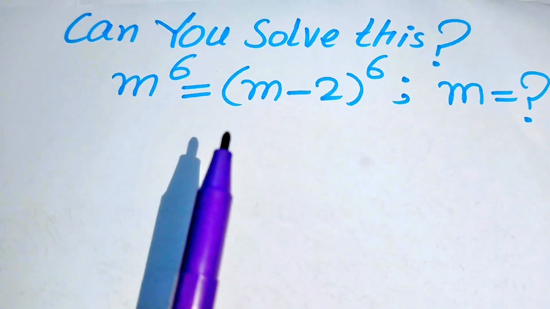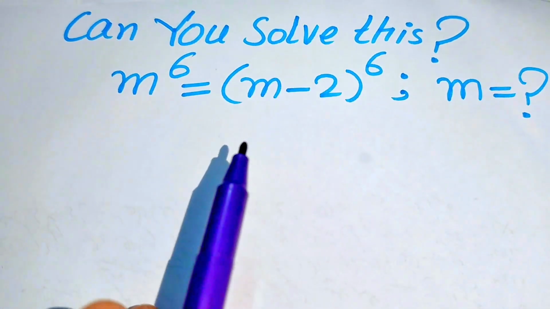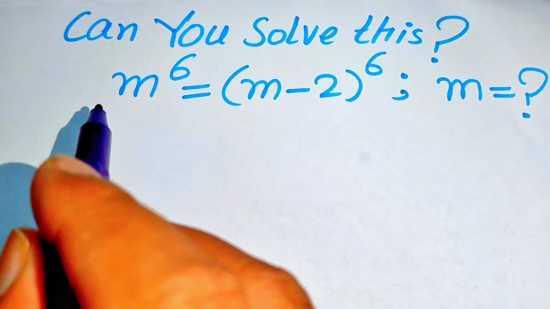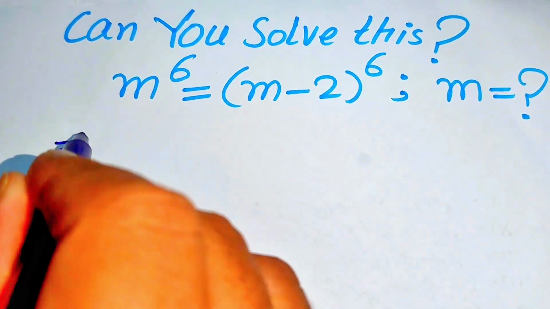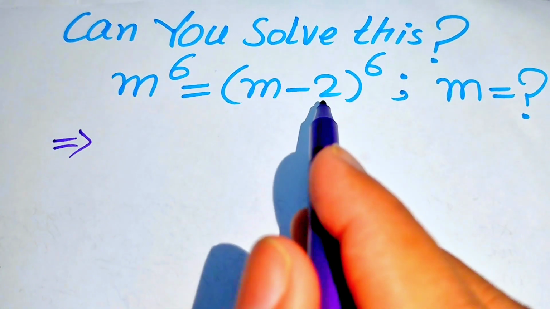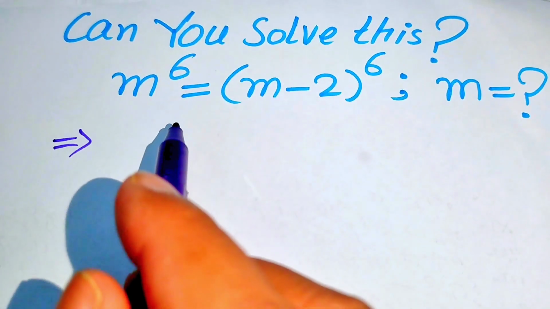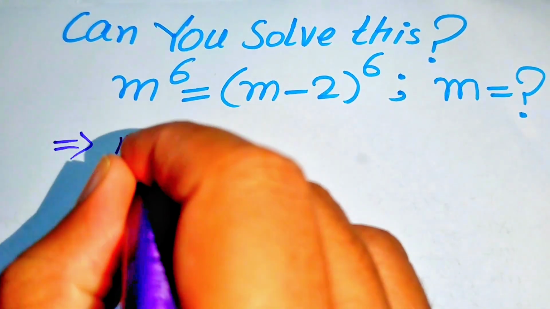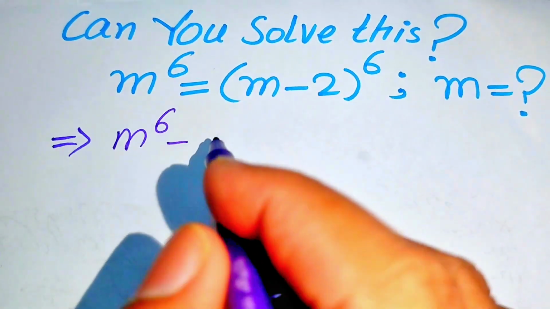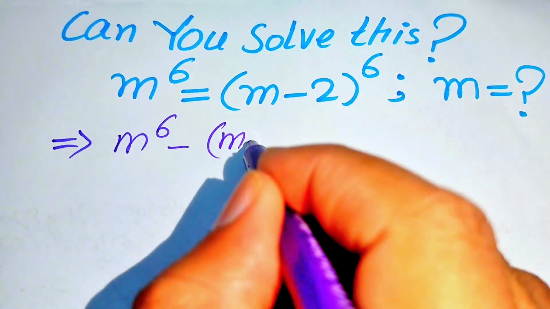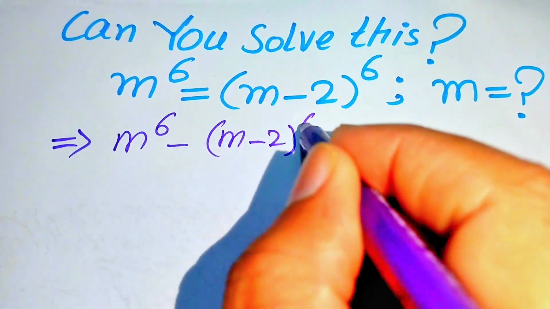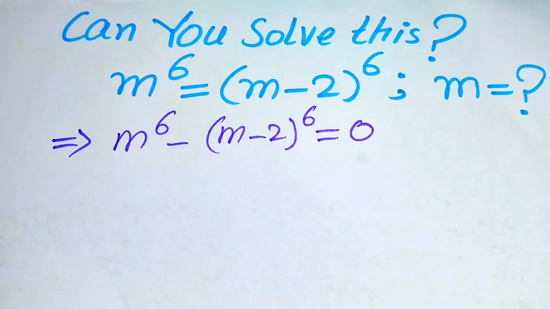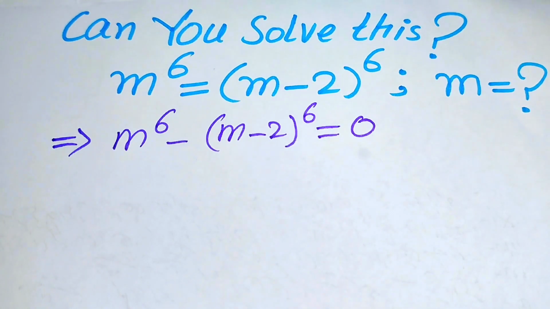So the very first step we are going to do is rewrite this equation. We move this (m minus 2) to the power of 6 to the left hand side, and it will be written as m to the power of 6 minus (m minus 2) to the power of 6, and this whole equation equals 0.